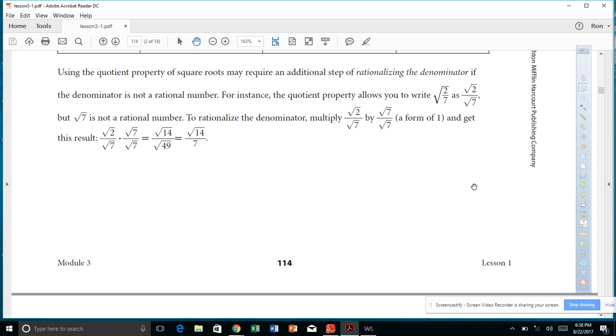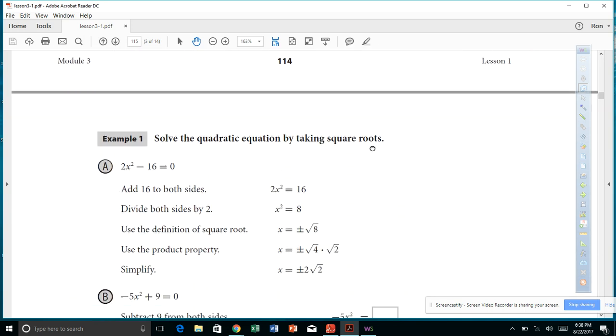To rationalize the denominator, multiply the square root of 2 divided by the square root of 7 by the square root of 7 divided by the square root of 7, a form of 1, and gives us this result. Square root of 2 divided by the square root of 7 times the square root of 7 divided by the square root of 7 equals the square root of 14 divided by the square root of 49, which equals the square root of 14 divided by 7, because 7 is the square root of 49.